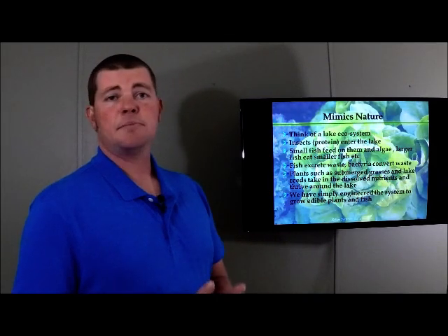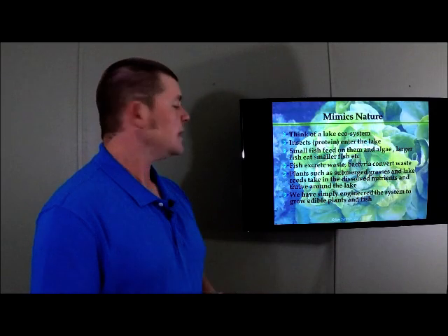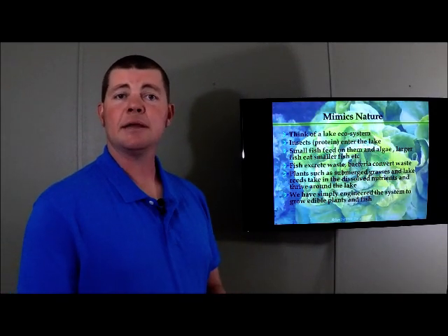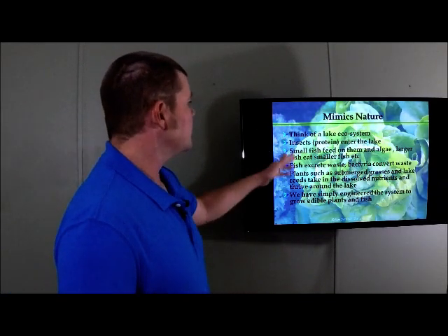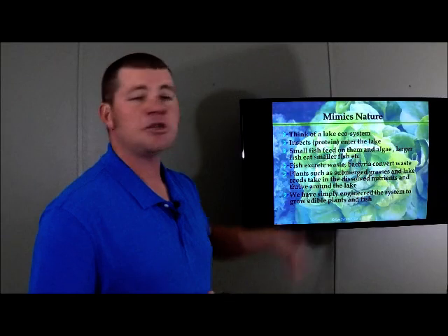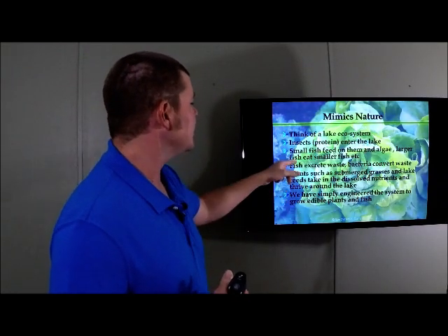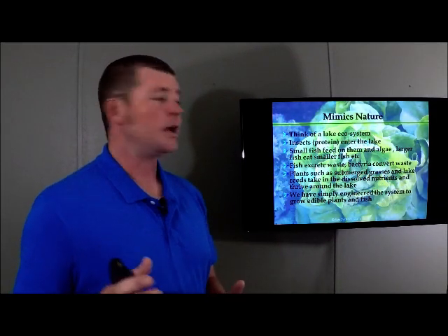So aquaponics mimics nature. You have to think of a lake ecosystem. In that lake, insects, which are a protein source, are going to land on the surface of the water and get eaten by fish. Small fish feed on those and algae, which grows off of fish waste. Larger fish are going to eat the smaller fish, etc., all the way up the food chain.